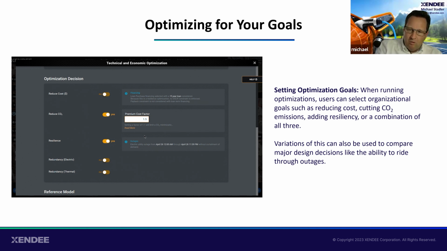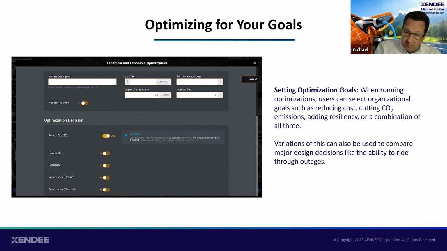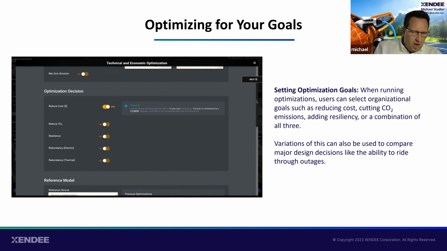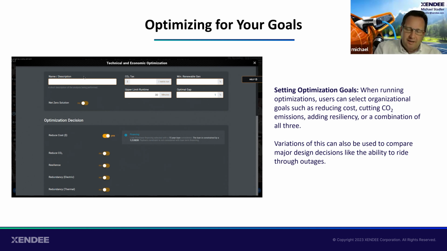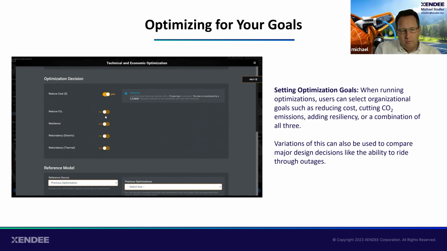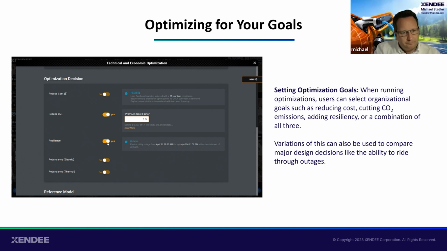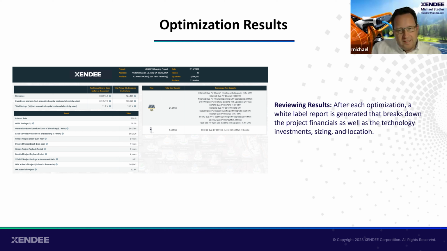We are telling the system all the information about those technologies, as you have seen, around cost, availability, and so on. And then in combination with the objective, Xendee will tell us what technologies will be attractive and how we should operate them. So this is the first result for this UC San Diego case.